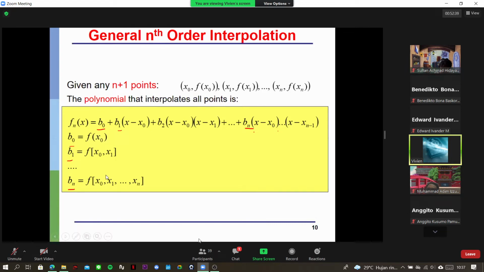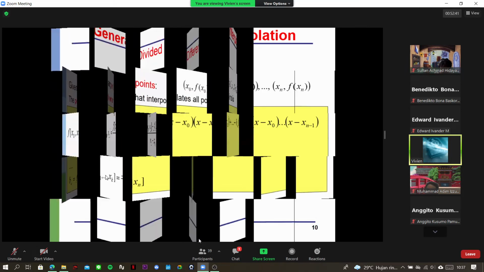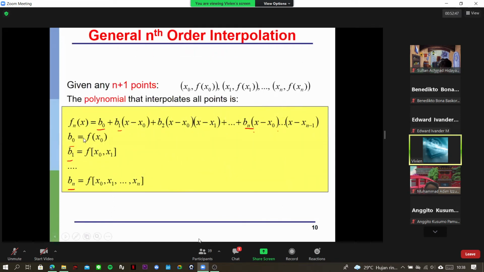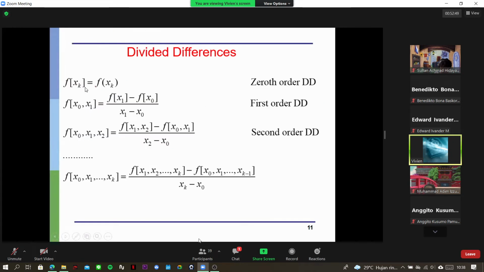And how to solve this? It will be easier when we have this structure. So for p0, which is the zeroth order divided difference, that will be equal to f(x0). Then f[x0, x1] will be f(x1) minus f(x0) over x1 minus x0.